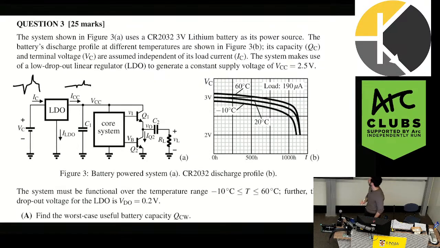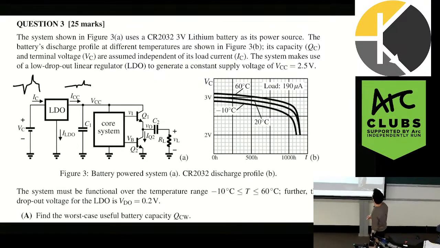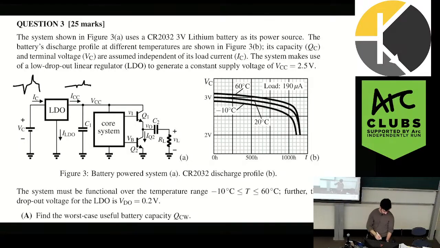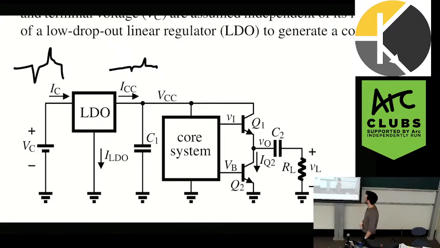Oh no, okay, we need to work out the current as well, I just remembered. So we need to figure out two things. Looking at this diagram, can we see what IC must be? Yep. So IC is just going to be ICC plus I LDO.